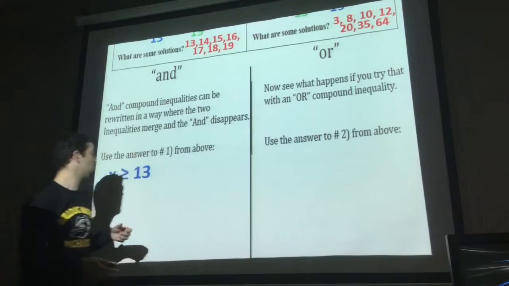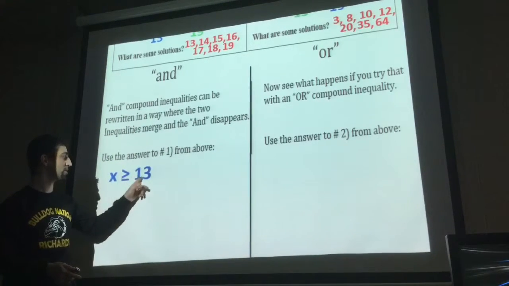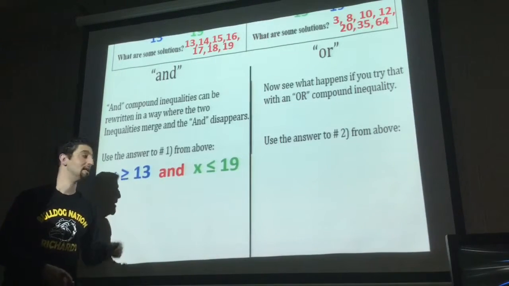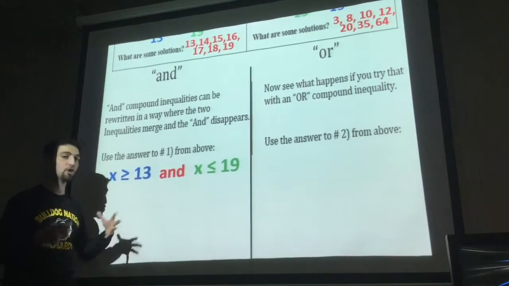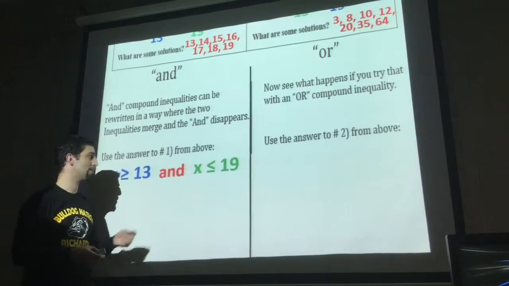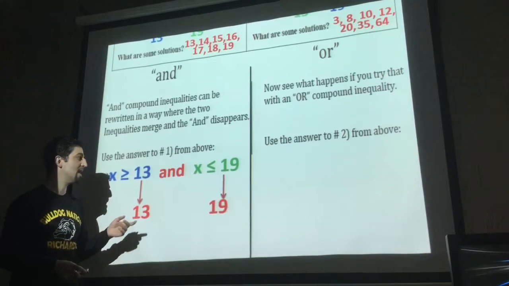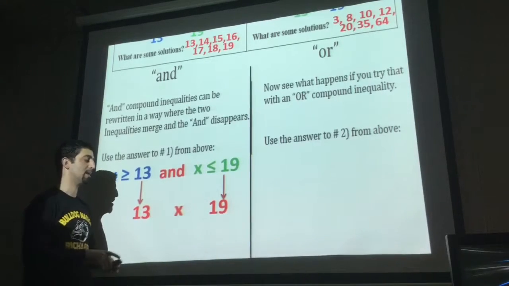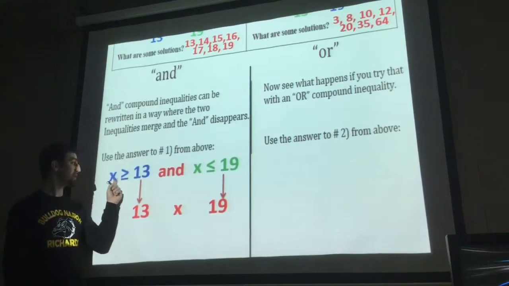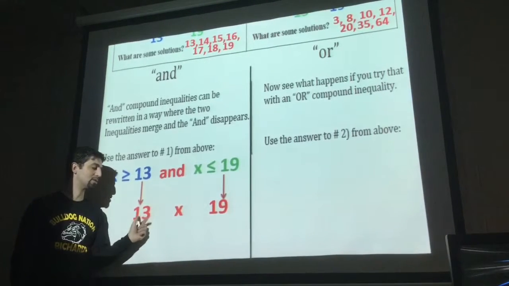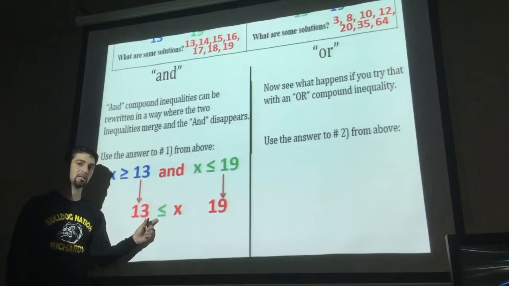So for the answer from number 1, we had x is greater than or equal to 13 and x is less than or equal to 19. Now, the way that you merge this is you bring down the two numbers in order, so the 13 would come before the 19. Okay, and then you're going to put an x in between them. Now looking over here, between x and 13, the arrow is pointing at the 13. So between x and 13, the arrow has to point at the 13.